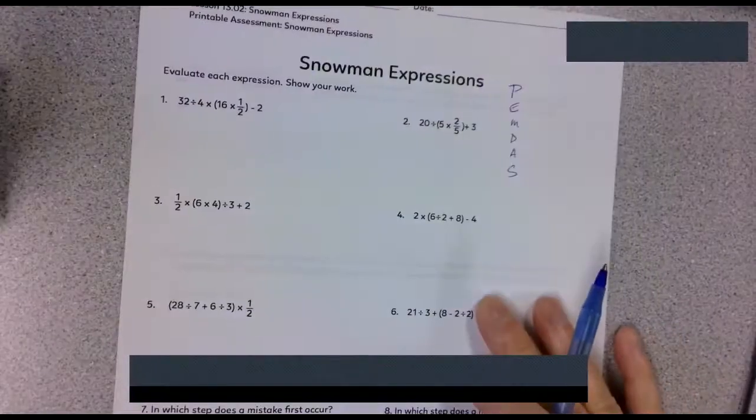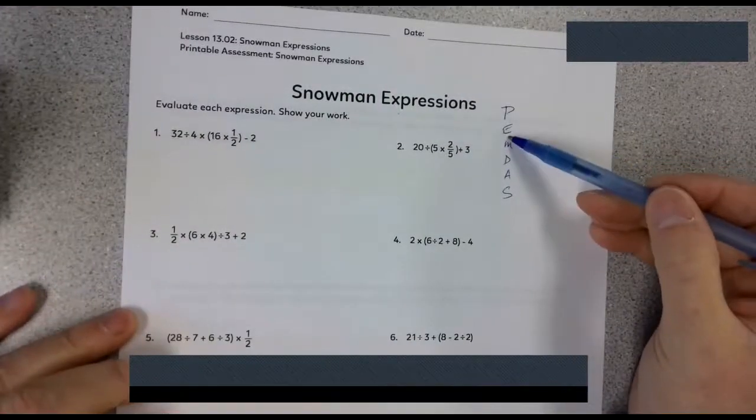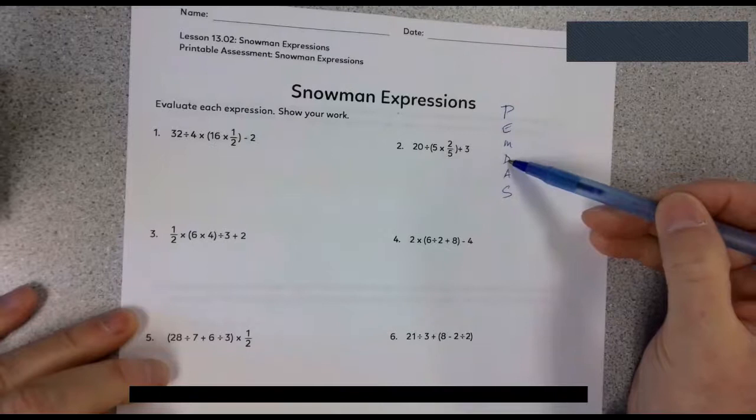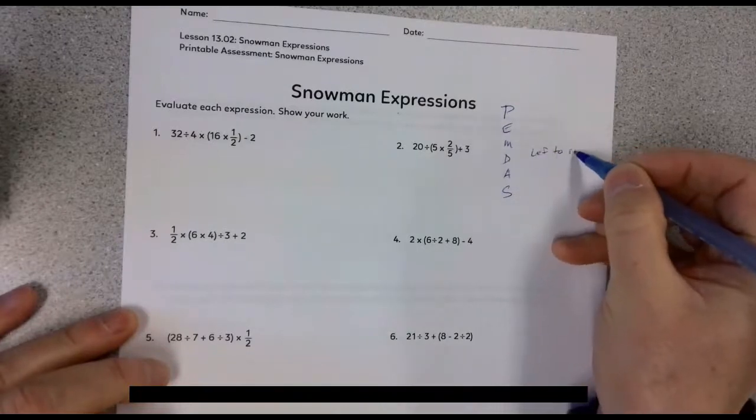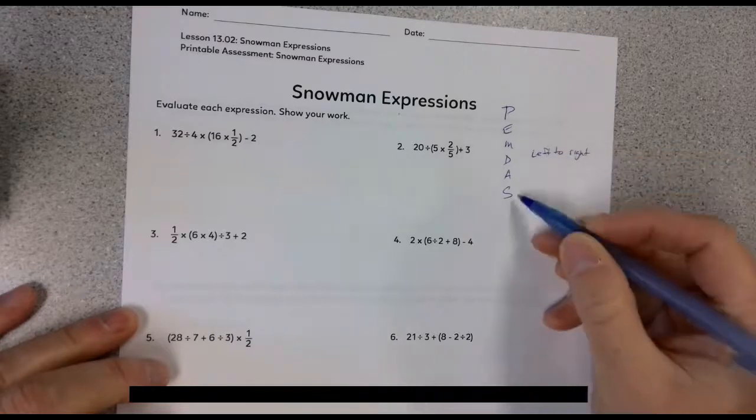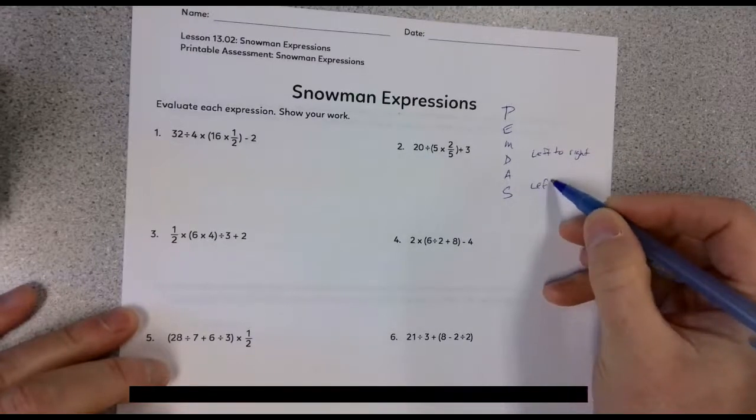Brackets, parentheses, exponents, multiply or divide from left to right, add or subtract from left to right. I remember this a lot easier than I remember PEMDAS. But if you're really good at memorizing, you can use PEMDAS. That's why I'm giving you a couple different strategies to use. So PEMDAS is parentheses, exponents, multiply or divide from left to right, and then add or subtract from left to right.